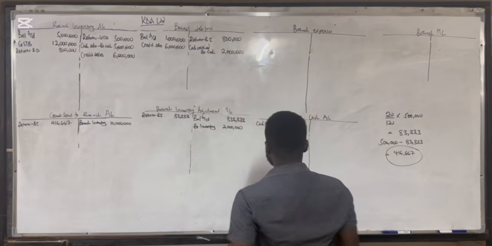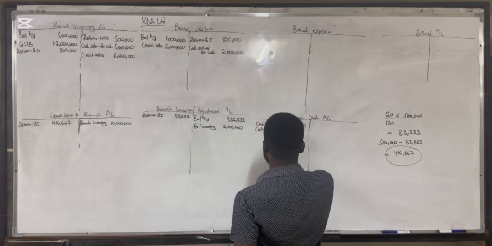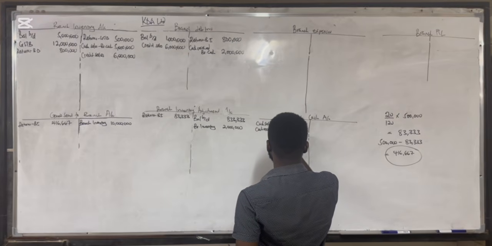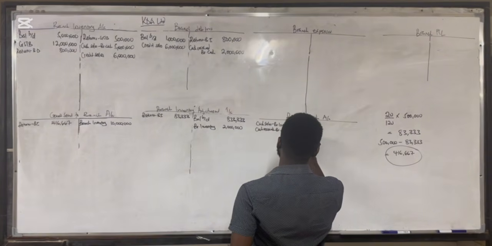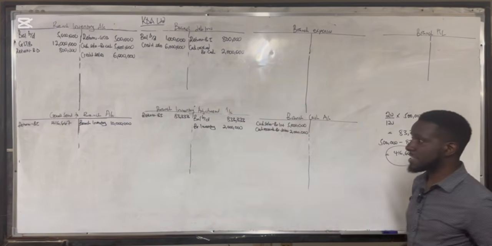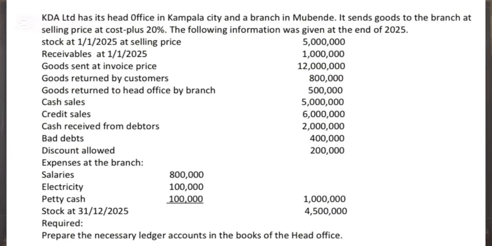Obviously, we come and debit the branch cash in the name of cash received, which is coming from branch debtors. So it is 2 million. Then the next transaction is that we have bad debts of 400,000.